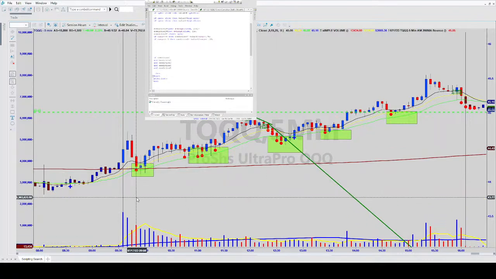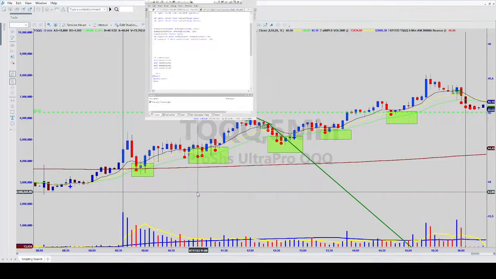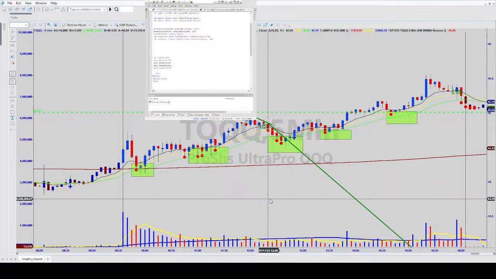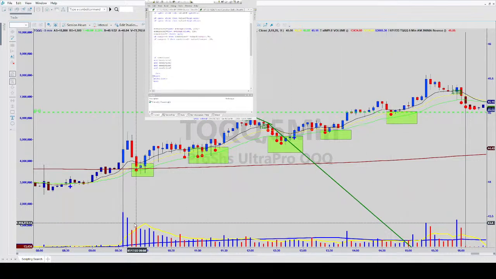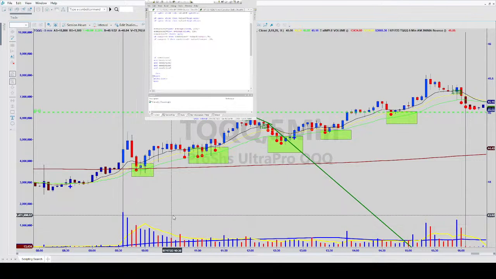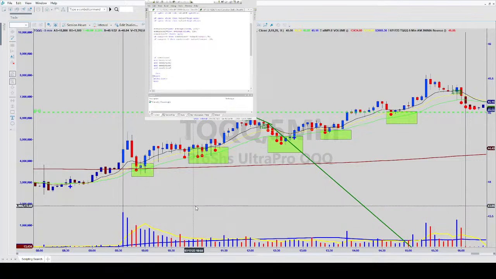All right, this one, the volume prior is lower, this one, the volume prior is lower, this one, the volume prior is higher, this one, the volume prior is higher, this one, the volume prior is lower. So the next one that we'll do, it'll say that if the volume prior is lower, then it's solid. All right, so we'll go condition 6.